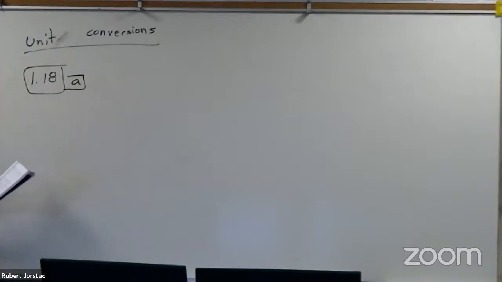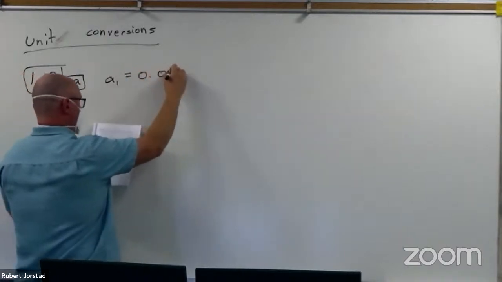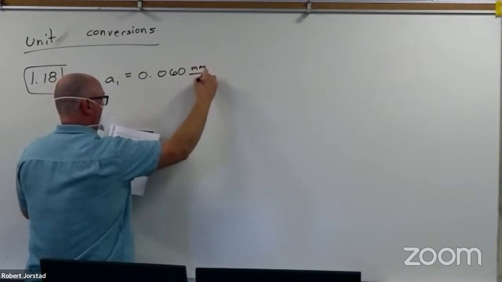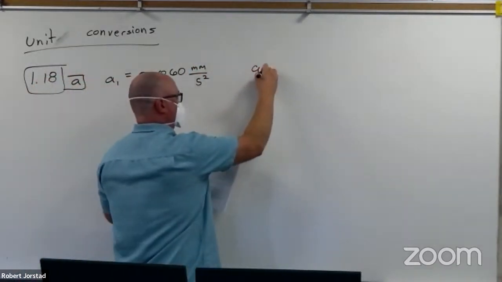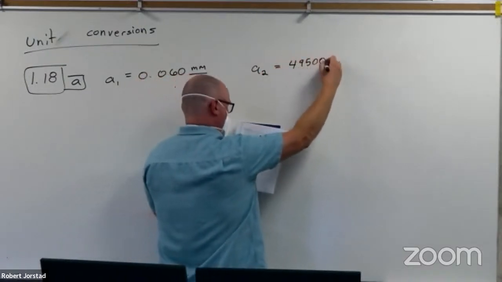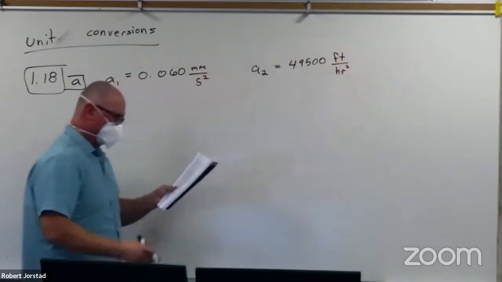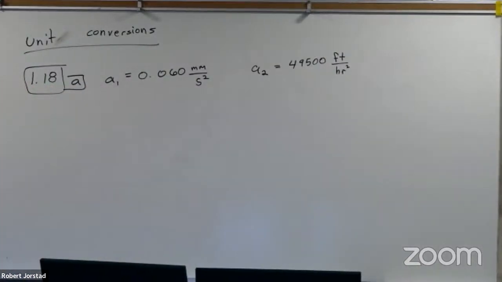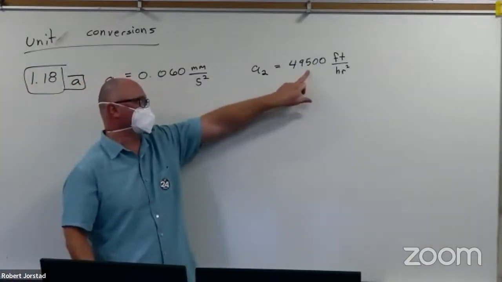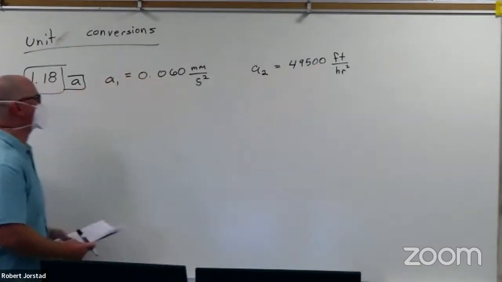I have two accelerations, A1 and the second acceleration. How many sig figs are in this first one, real quick? 2. Somebody else, how many sig figs are in this one? 3, right? These are trailing zeros, but they're okay. You got it.